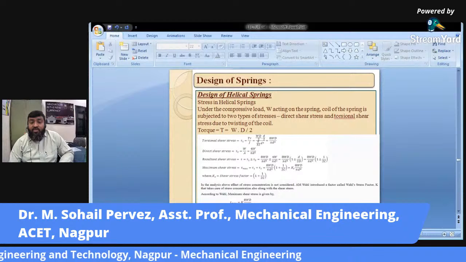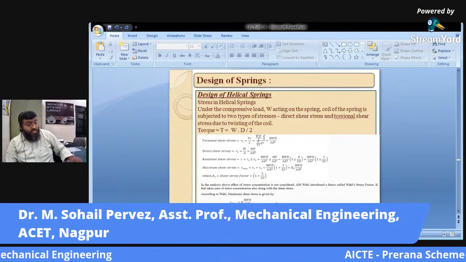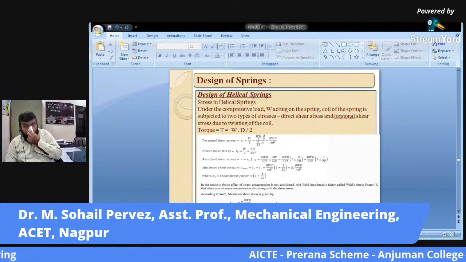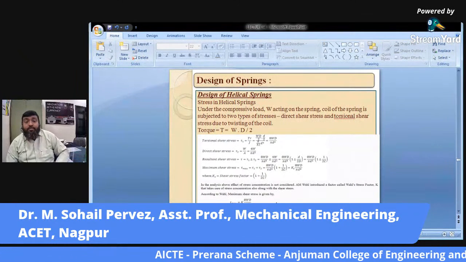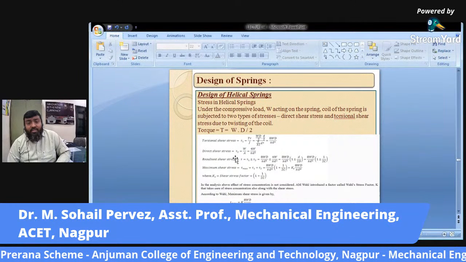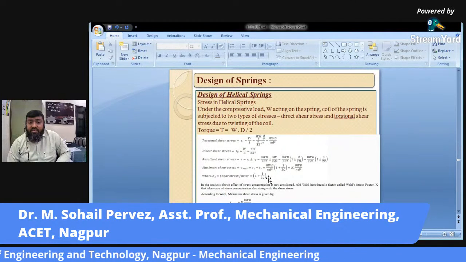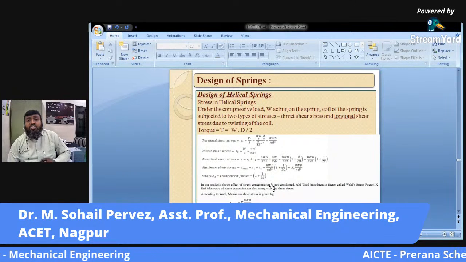Now there is a factor known as the shear stress factor. This shear stress factor is nothing but the correction factor which is used to design the spring. But this shear stress correction factor, which we generally call Ks, only considers shear stress.